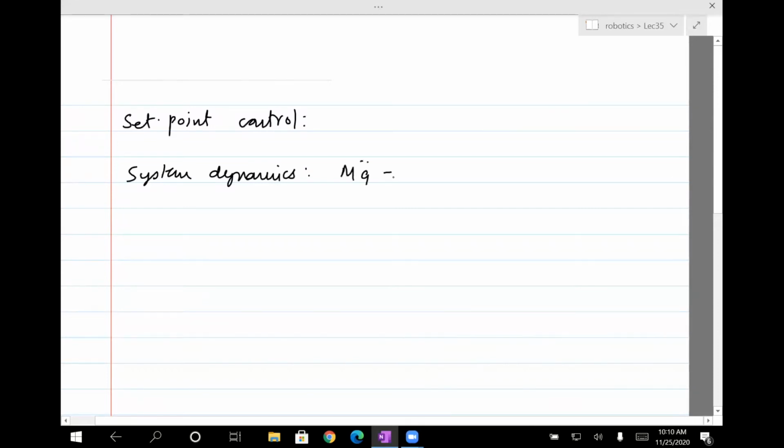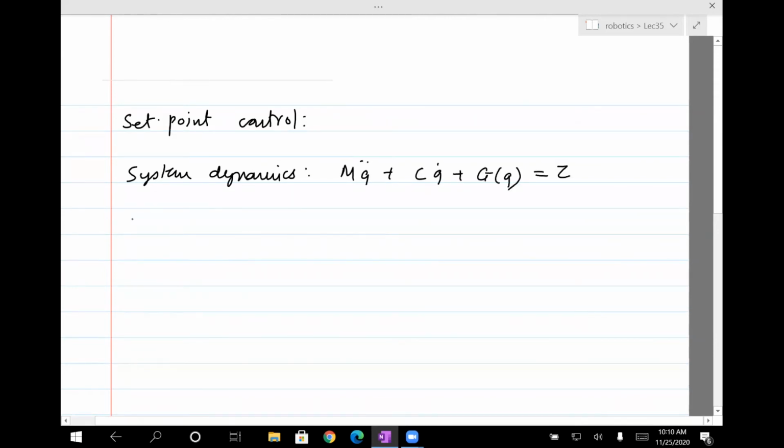Well, let me write that down. It's actually a simple modification of that formula. Set point control. Again, the system dynamics are simply M q double dot plus C q dot plus G of q equals tau.